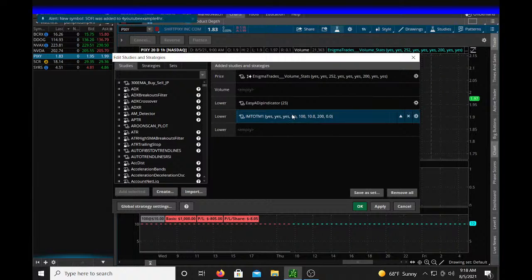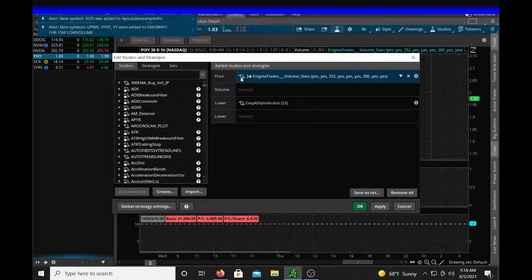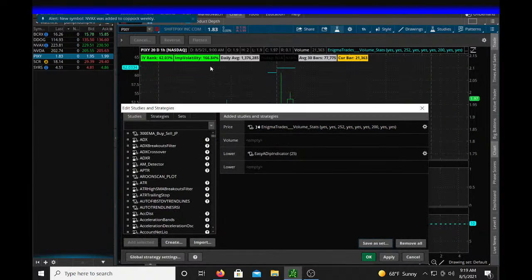And we've got an in the money, out of the money study here. And we've added to this Enigma Trades volume stats. That's this IV rank and implied volatility.